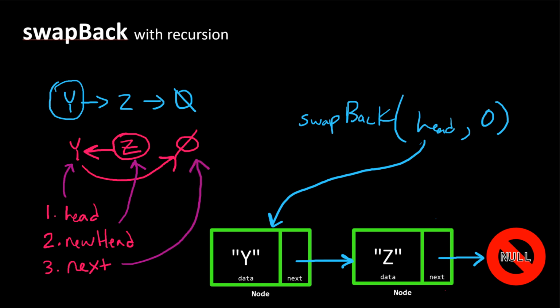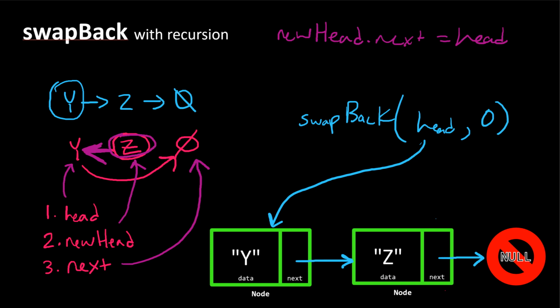The way that you untangle this series of references is you would then say, all right, new head's next is going to be what was head. So we might say, new head, your next value is going to be head. And so that's what established this reference here, the reference from z to y.